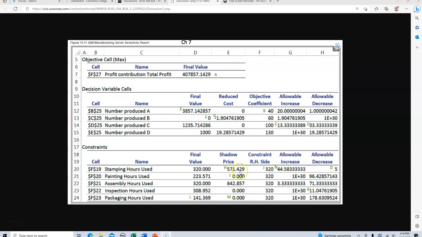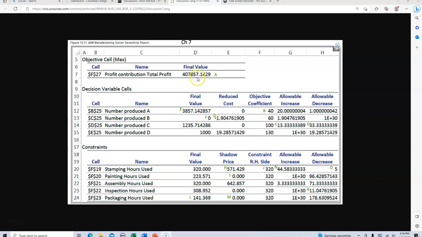So I can increase the number of stamping hours by 44 hours, and each hour that I add to the existing 320 will increase the final value by $571.43. So if you had 2 additional hours, 2 times 571 is about 1,143 or so.